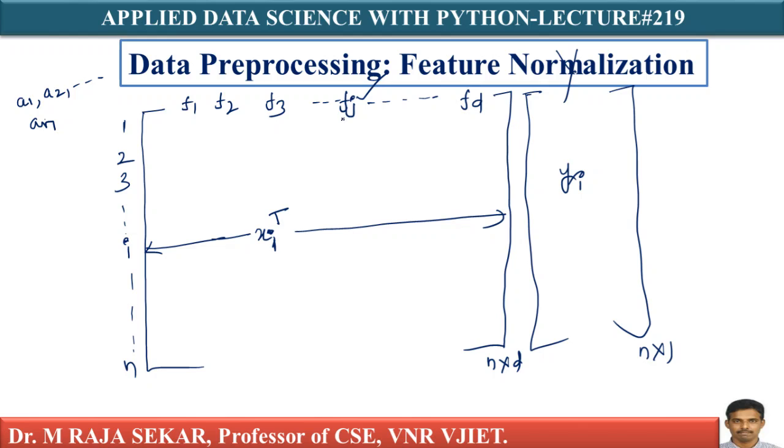What are the values in this feature? Let me say a1 is the first value, a2 is the second value, a3 is the third value, and so on, ai is the ith value, and so on, an. How many values are there? There are n values. Let's assume this is my feature fj.